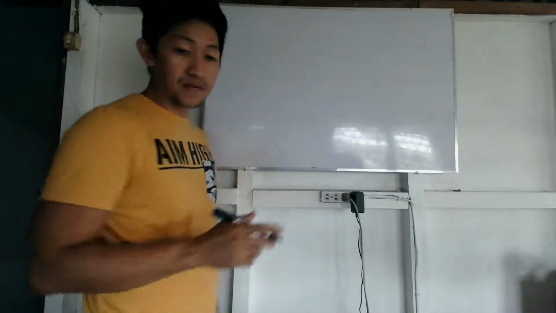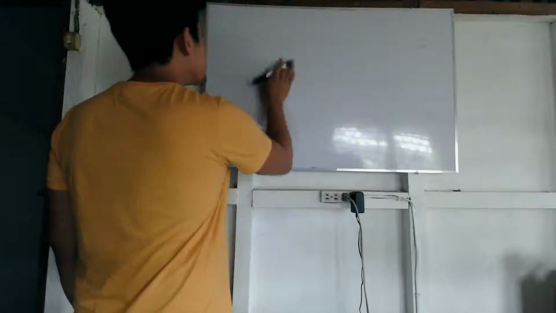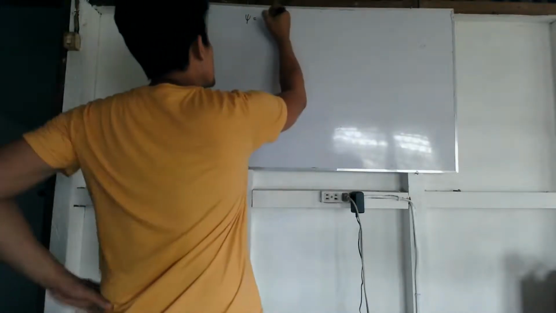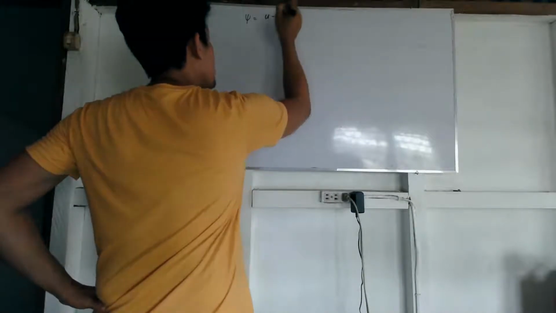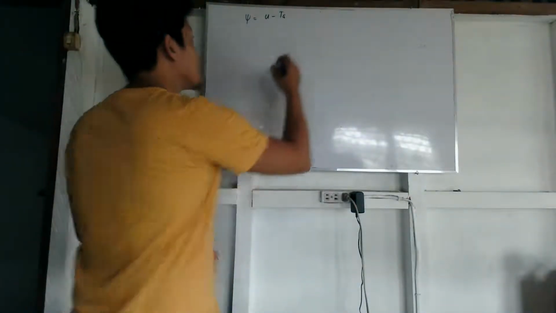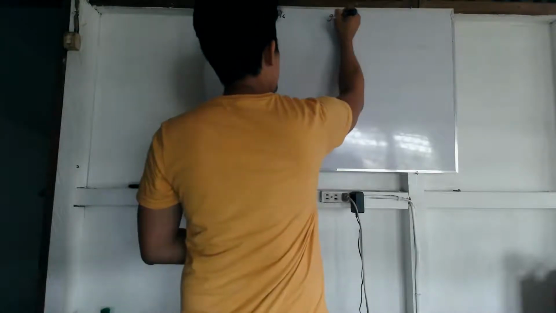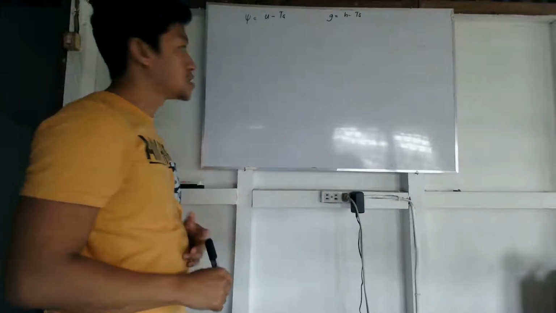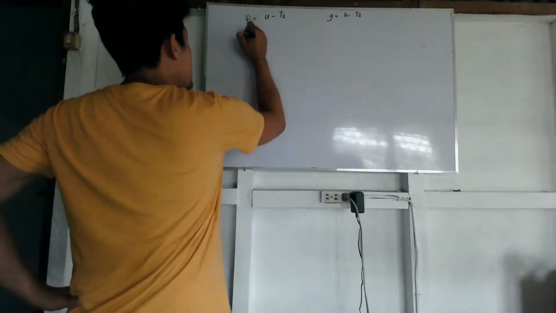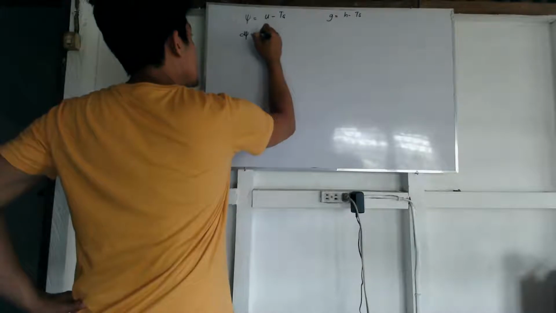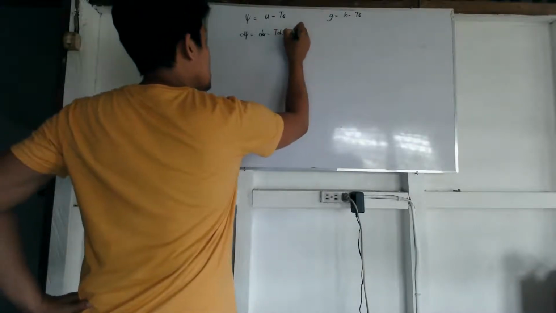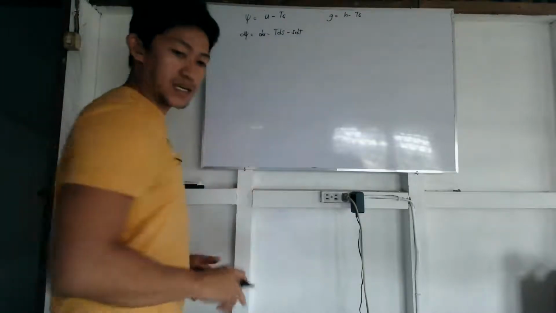Okay, we will derive the differential of the Helmholtz function. The Helmholtz function is u minus Ts, and the Gibbs function is h minus Ts. So differentiate this one, it becomes du minus T ds minus s dT.